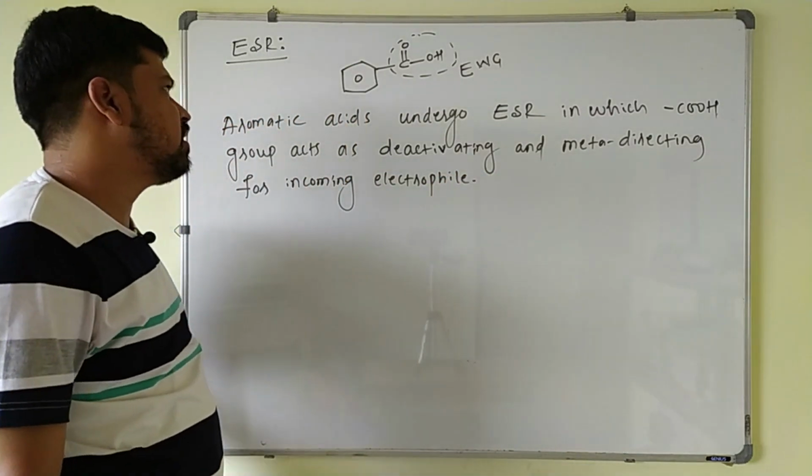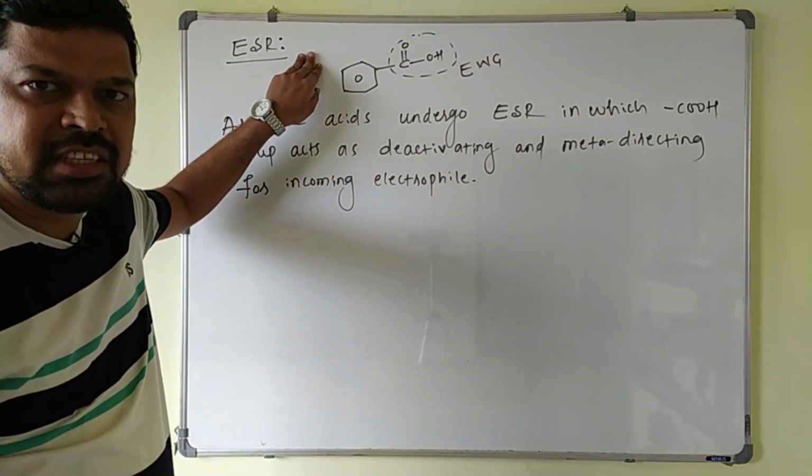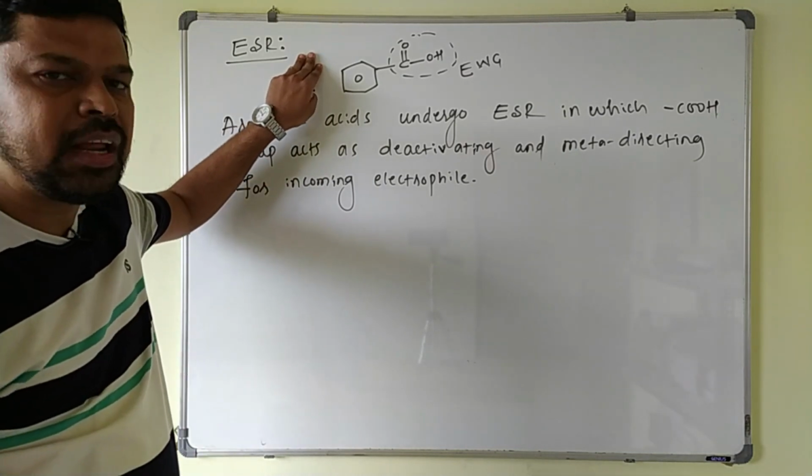So whenever ESR is done for aromatic acids, you will get the product only at the meta position.